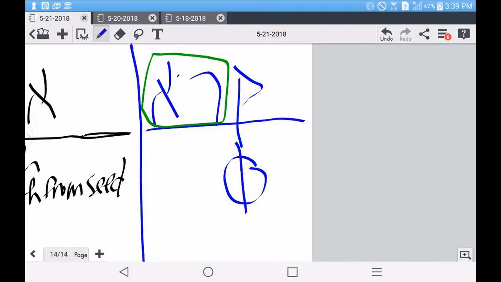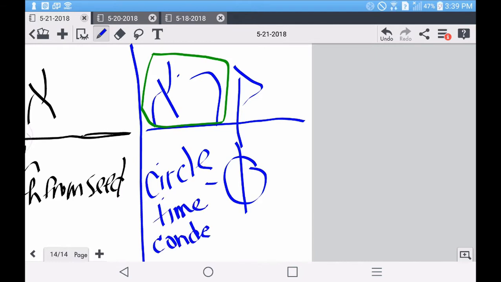And this relates to circle, time, and condensation, which, if you don't know, is the process of turning a liquid into a gas. So it refers to change.